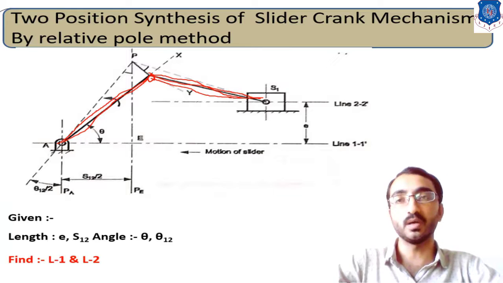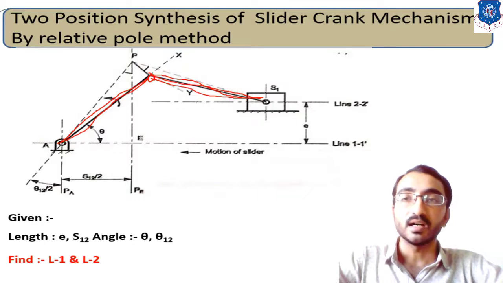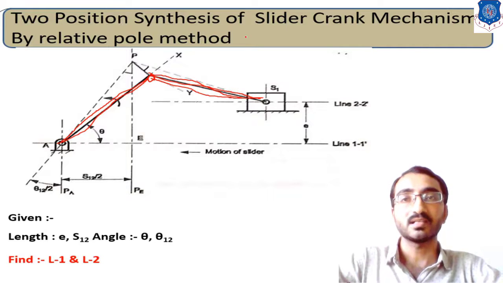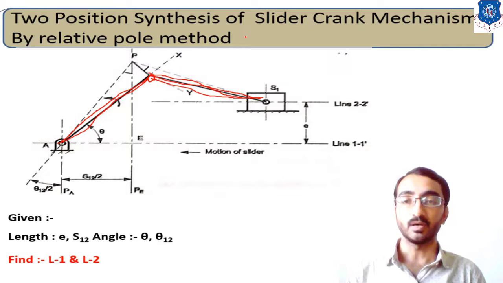In this way, by following these simple graphical steps, you can design a slider crank mechanism. In our next session we will cover 3 position synthesis of slider crank mechanism.